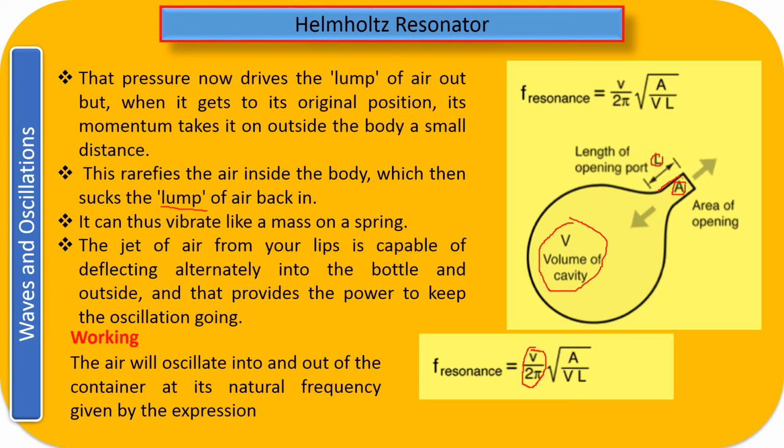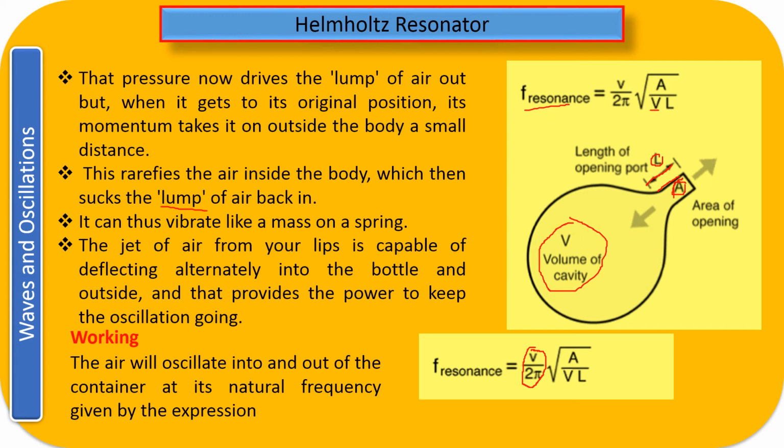It is inversely proportional to the volume of the cavity into the length of your neck. So if the area of your neck is more, then the resonance frequency will be more, because if the area is more, a greater amount of air can come out.